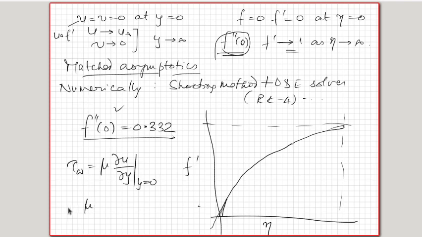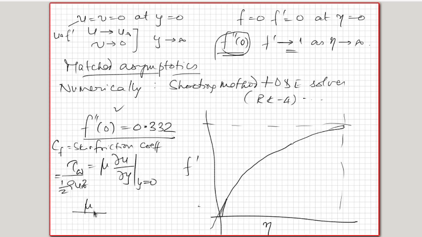mu times, so if I want to non-dimensionalize this, you write 1 by half rho u infinity square, which is the non-dimensional form of this. I call this the skin friction coefficient, CF. Since we are doing everything in non-dimensional terms, this will be equal to tau wall by half rho u infinity square.